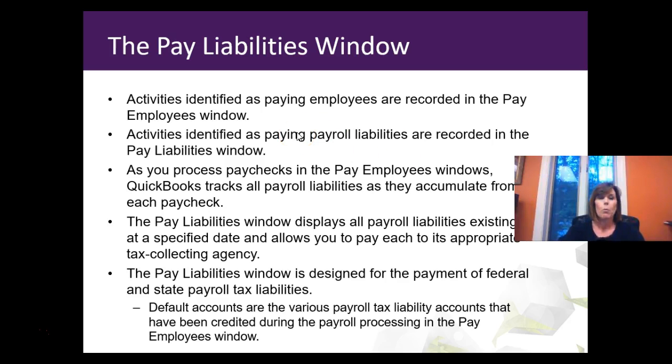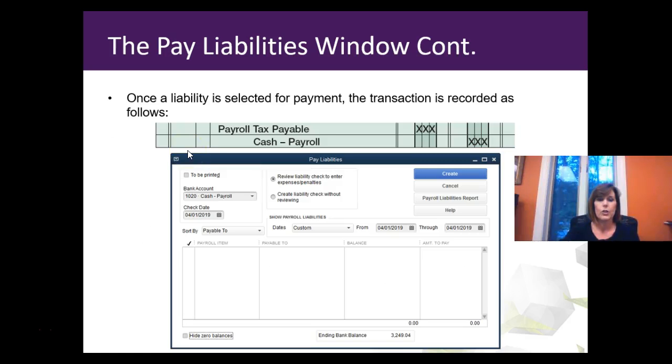But when you reach the end of your quarter, or however often you need to actually remit your payroll taxes to the taxing authority, QuickBooks will calculate that amount for you. And so that I will go over and show you.